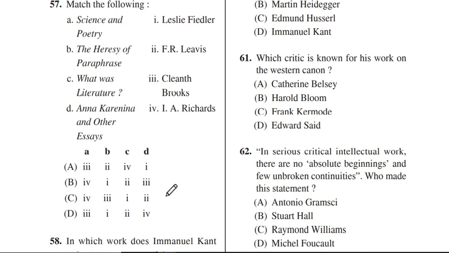So for 57, the correct answer is C. That means Science and Poetry, I.A. Richards. Then The Heresy of Paraphrase, Cleanth Brooks. Then What Was Literature, Leslie Fiedler. Anna Karenina and Other Essays, F.R. Leavis.